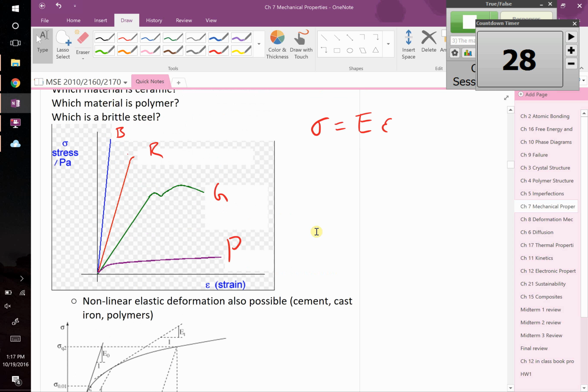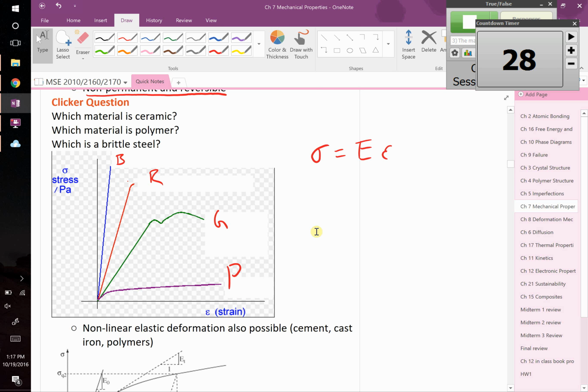All right. So, which one would be a brittle steel versus a ductile steel? Red would be our brittle steel because it can't deform very much before it breaks. It might be stronger. But this would be our ductile steel, because even after the point where it's no longer proportional, it goes quite a bit more strain before it finally breaks.